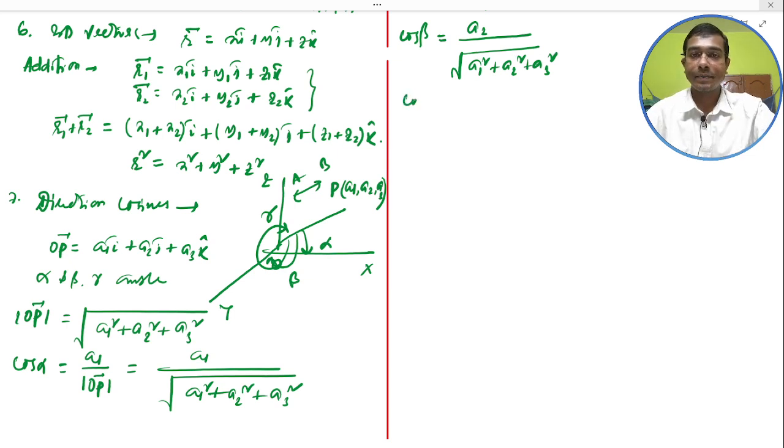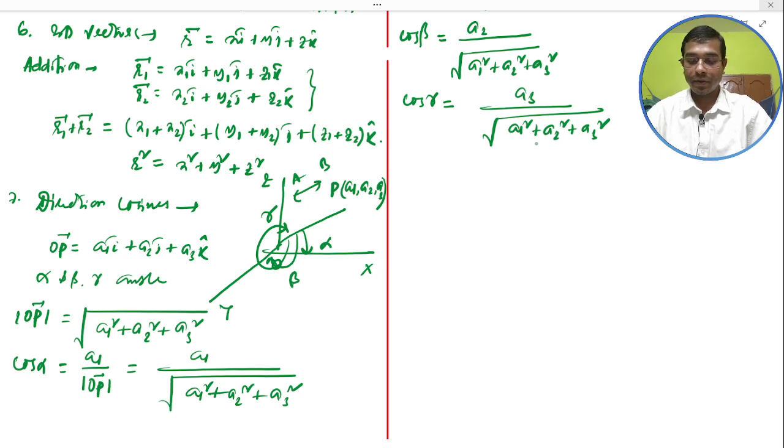Next, cos gamma is A3 divided by the square root of A1 square plus A2 square plus A3 square. And one important result, therefore: cos square alpha plus cos square beta plus cos square gamma is equal to 1.